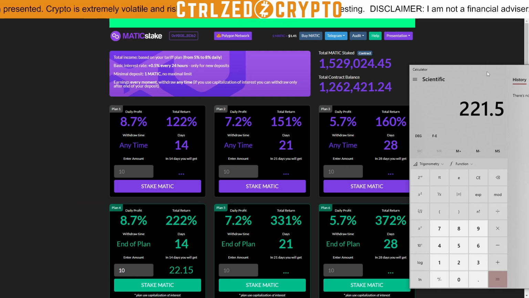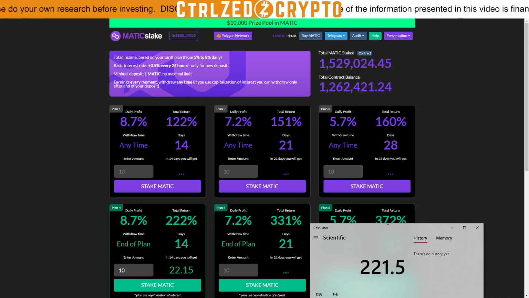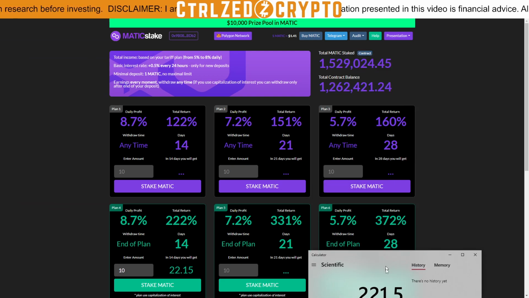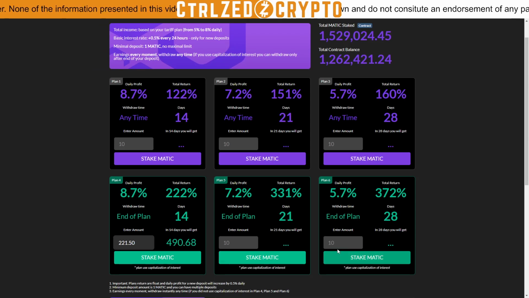And if I believed the contract was going to last another 14 days to the full 28 days, I'd take that $221.50 and put it back in the same plan. I'd come out with $490.60. If I did this straight up here, I'd get $372.